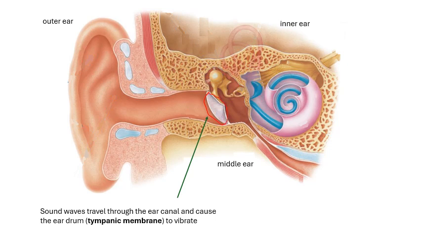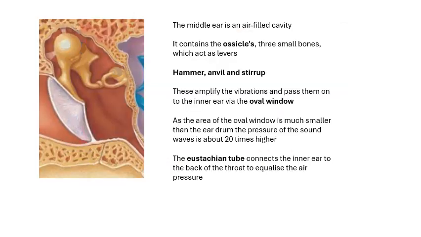That's the outer ear. And then we get to the middle ear, which is an air-filled cavity, and it contains the ossicles, which are 3 very, very small bones which act as levers. The hammer, the anvil, and the stirrup, because they look a little bit like a hammer, an anvil and a stirrup, or the malleus, the incus, and the stapes, if you want the Latin.